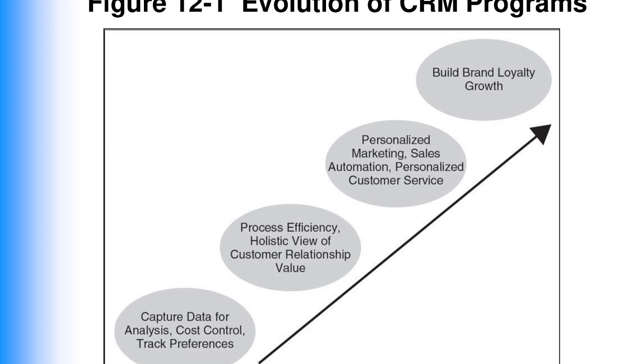The reason for capturing data is to analyze, and the other main concept is cost control and tracking preferences. Through analysis we can see which types of products the customer is focusing on, how management can control costs, and the preferences of various tracks, such as people's mode of purchase nowadays.